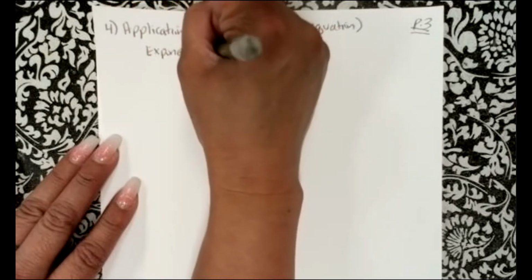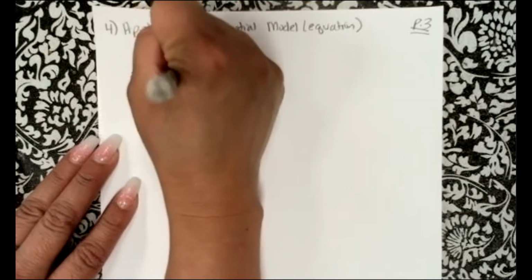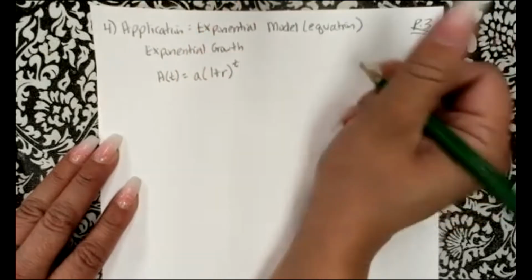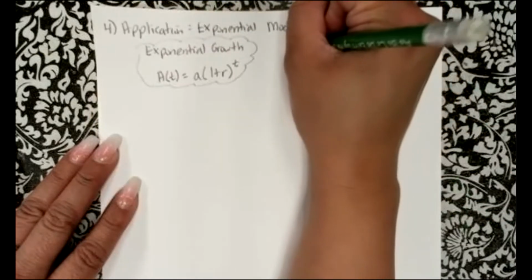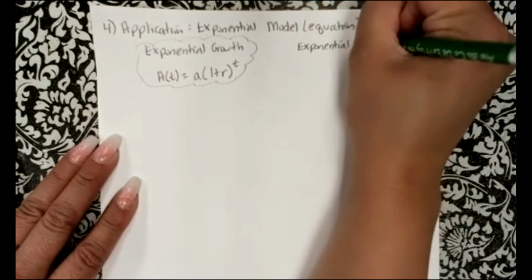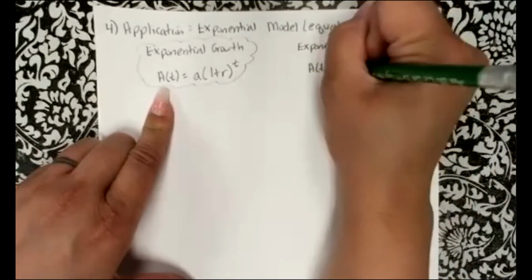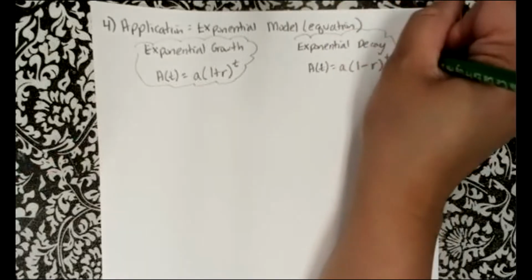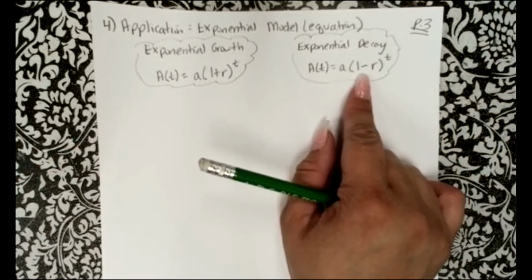It is easy to tell the difference between the two, because when you think of growth, you think of addition. So this is going to be A(t) equals a(1 plus r) raised to the t. And decay, we think of subtraction. So on exponential decay, it's still going to be A(t) equals a(1 minus r) raised to the t. This number is going to be greater than 1. This number is going to be between 0 and 1.